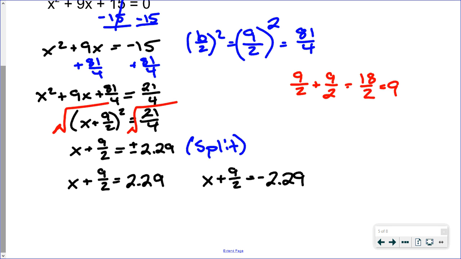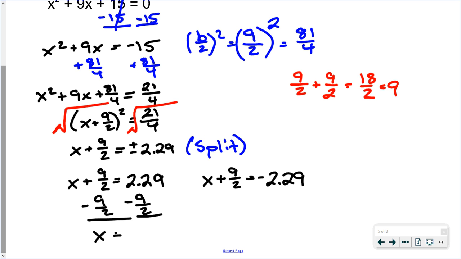So now we're going to go ahead and solve this. So minus 9 halves, minus 9 halves. So 2.29 minus 9 halves is negative 2.21.